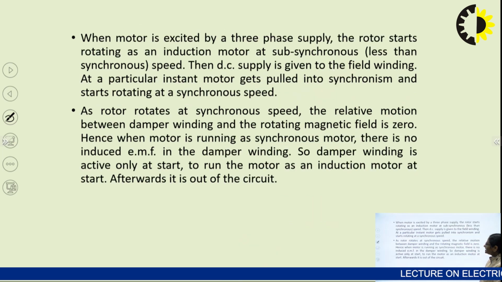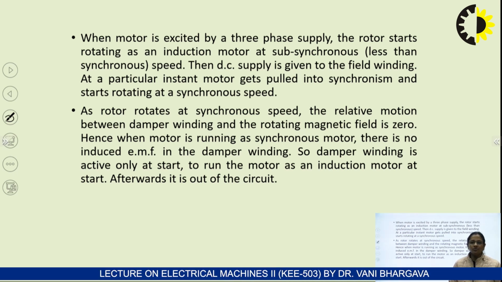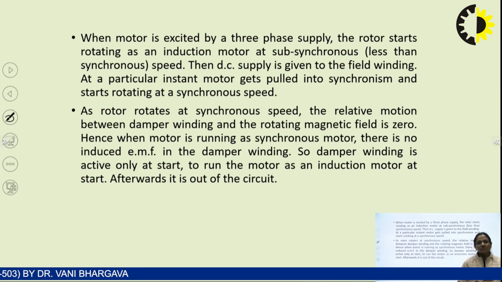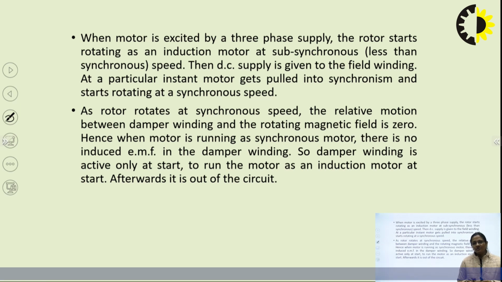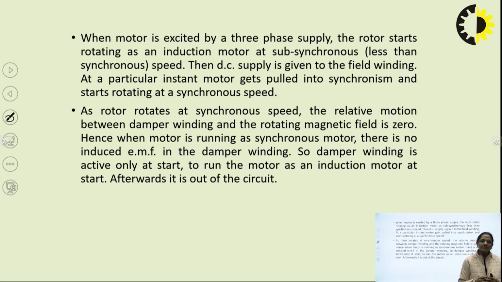Now, let us see what actually happens when a three-phase supply is given to the motor. When we start the three-phase synchronous motor, like a three-phase induction motor, we do not provide the DC excitation to the rotor of the synchronous motor initially. So, initially when supply is given to the stator winding, what happens? A rotating magnetic field is created.